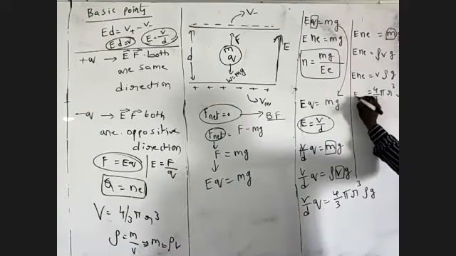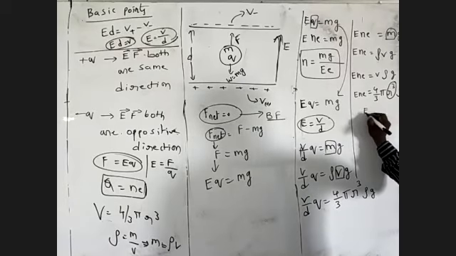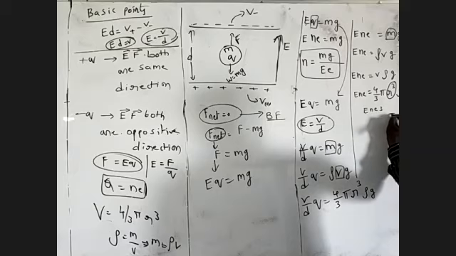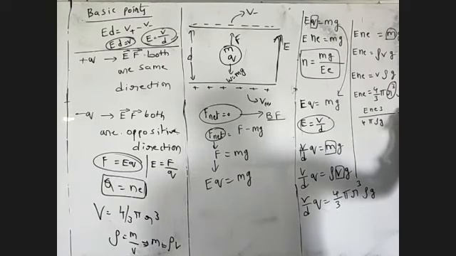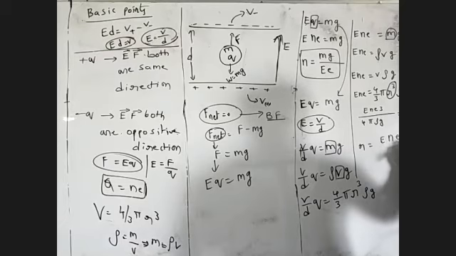I want r cube, so r cube is equal to Ne into 3 by 4 pi rho g.